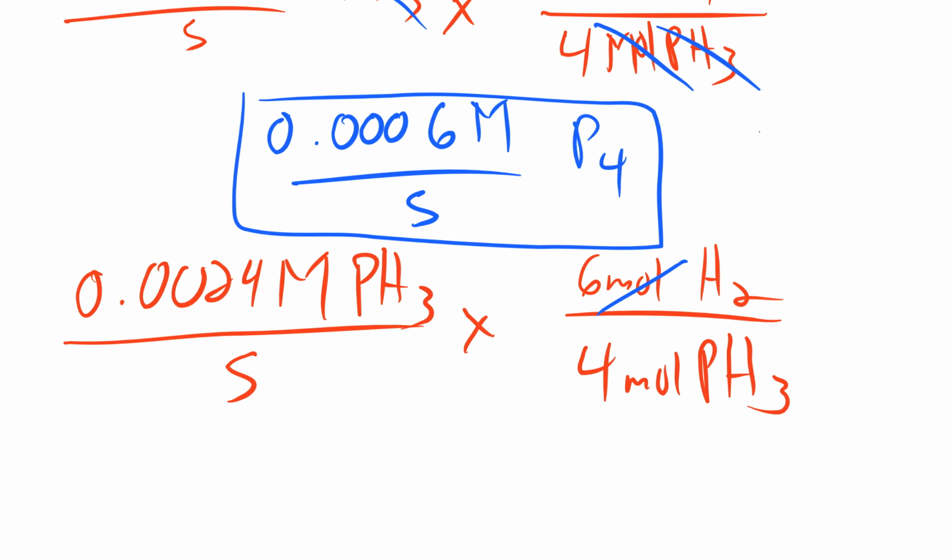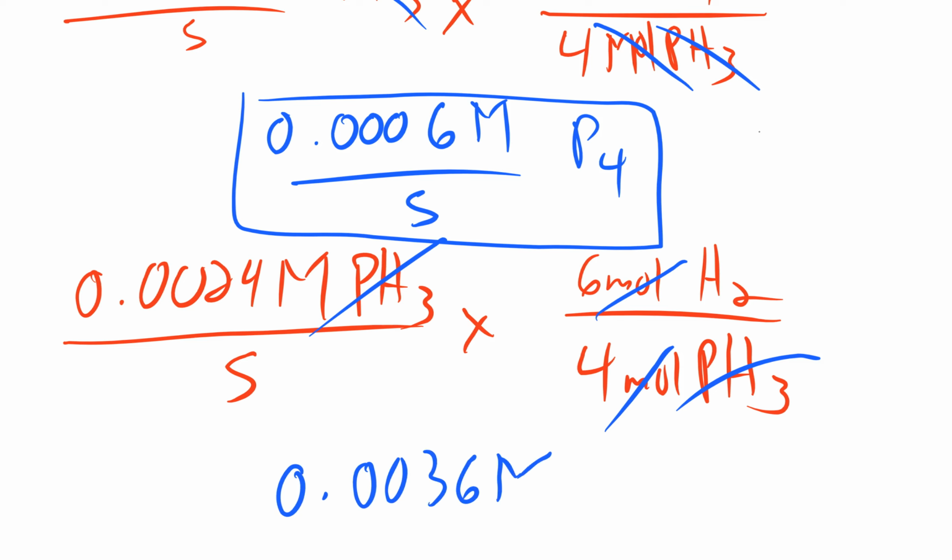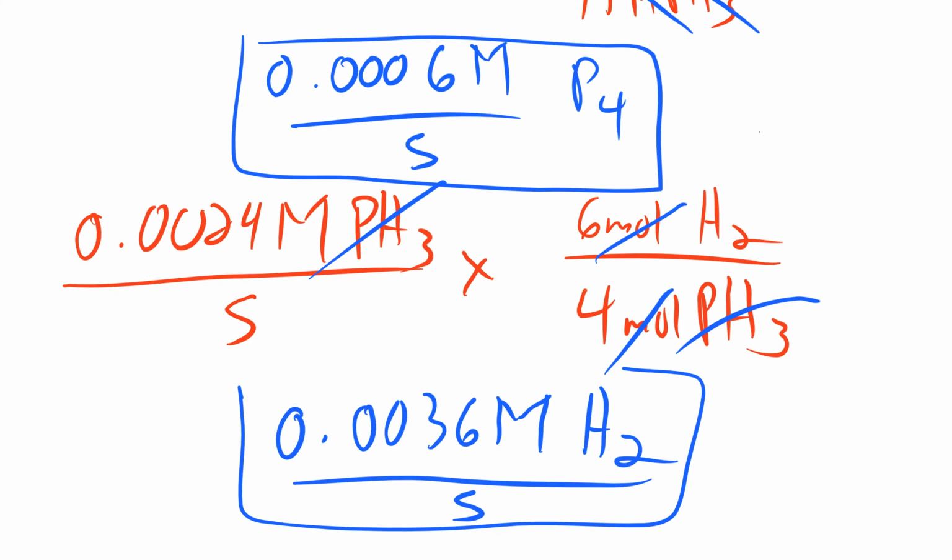Now when I cross moles out, PH3 out, my answer is going to be 0.0036 molar H2 per second. Is that right? Did I do that wrong? Yeah. Should be right, if my math is correct. And I'm done. That's how quickly both of those are being made. Boom. Problem solved. Yes, ma'am.